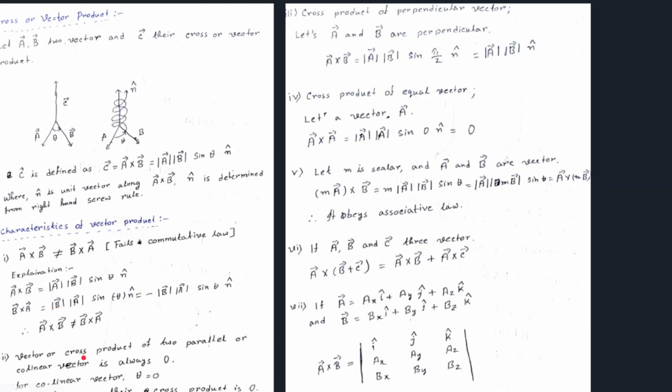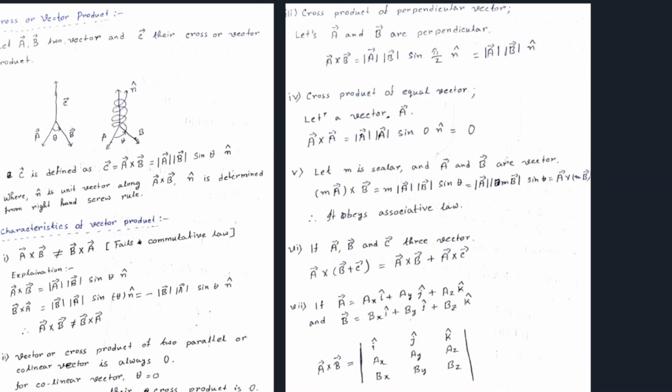Now the cross product of two parallel or collinear vectors is always zero. Why? Because for parallel or collinear vectors the angle theta is zero, and the value of sine 0 is 0. So the cross product of two collinear vectors is always 0.